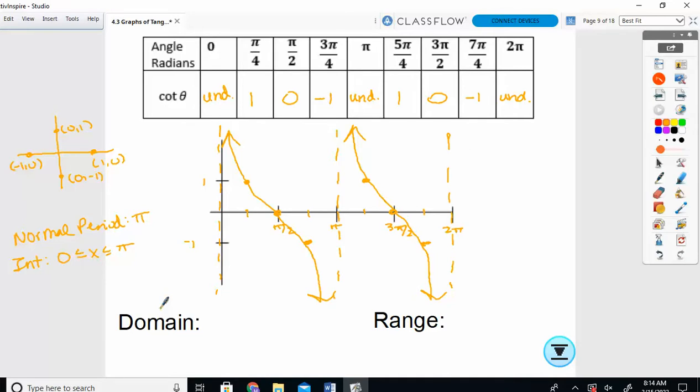So you could pick a different interval, this just makes it a little bit nicer. Domain, this time we see all our asymptotes happen at multiples of pi. So x couldn't be 0, pi, 2 pi, and the list would go on. Range, we again hit everything here.